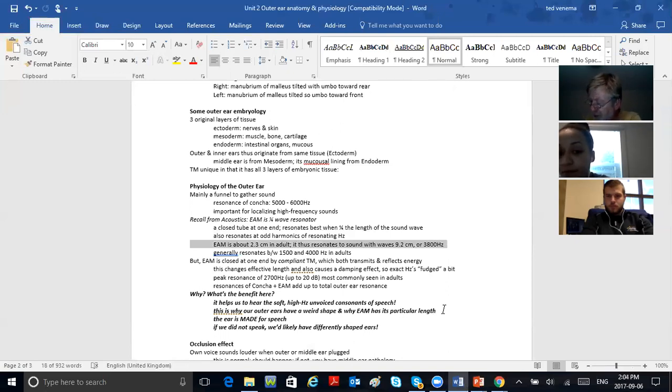So it's going to vibrate with sounds that are 4 inches long. So let's calculate this here, Ted. The frequency is equal to the speed of sound over the wavelength.